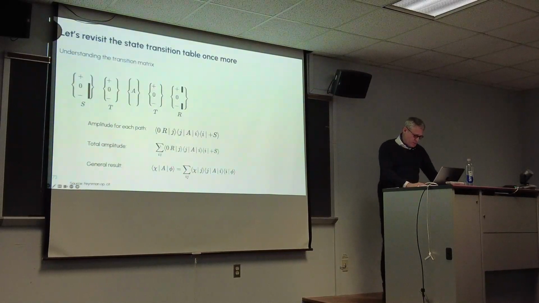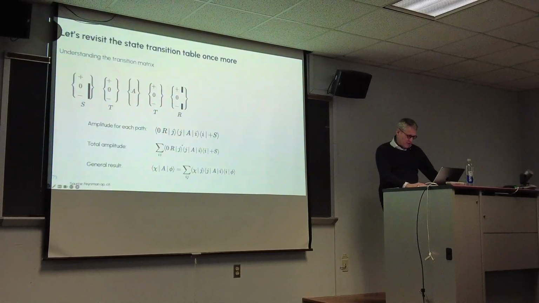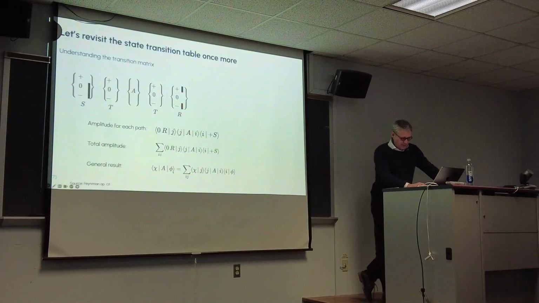So this is the amplitude for each path. And so the total amplitude, if we sum over the I's and J's, we get all the possibilities. And the general result we obtain is this. So this amplitude to go through a middle operator, which is this A, from phi to chi, is this expression.